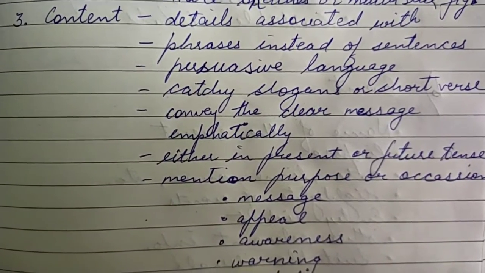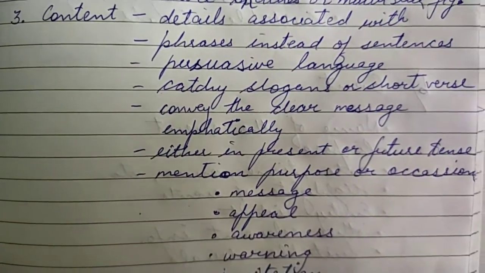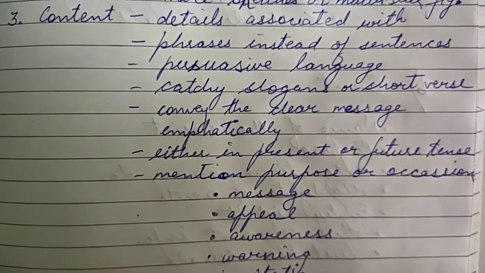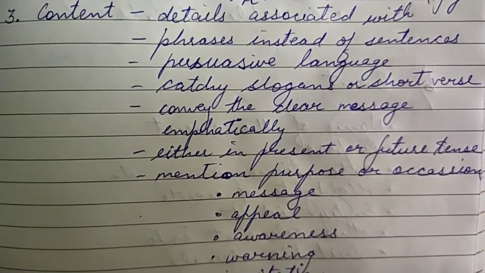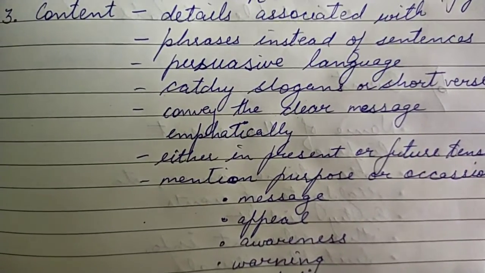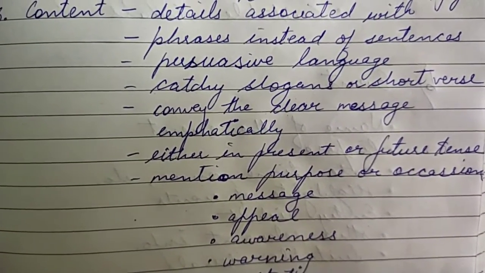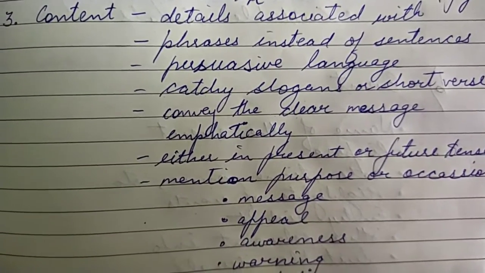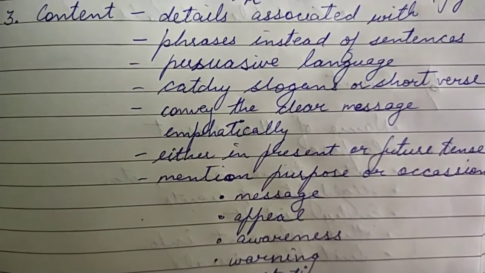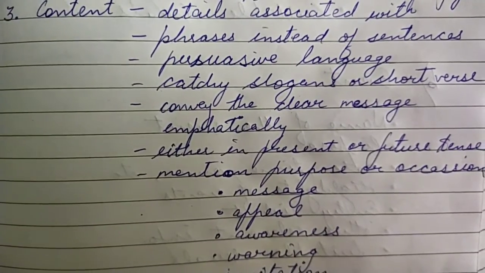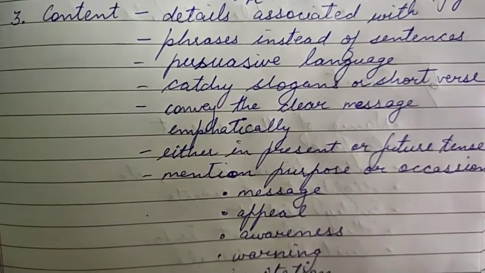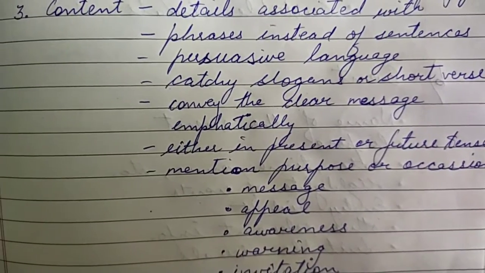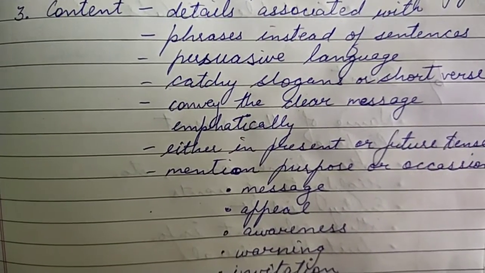Students, just make sure, hold it in your memory, that if your content is not appropriate, then your examiner is not going to award you for that. All your format, all your marks of expression, everything goes in vain if your content is not there, or if your content is inappropriate.